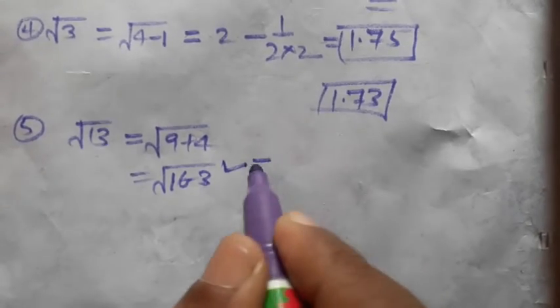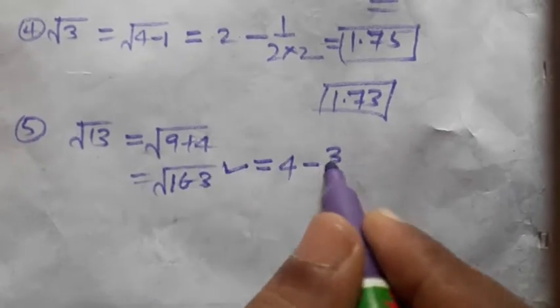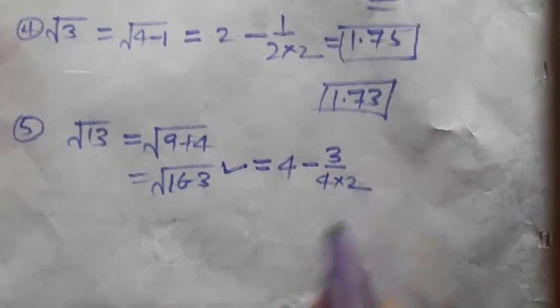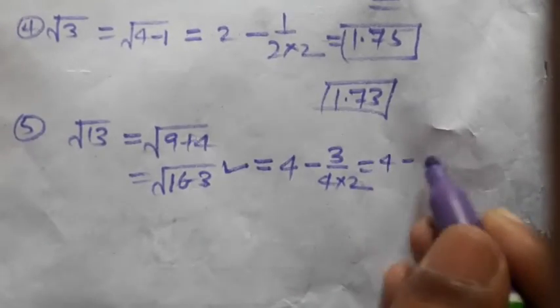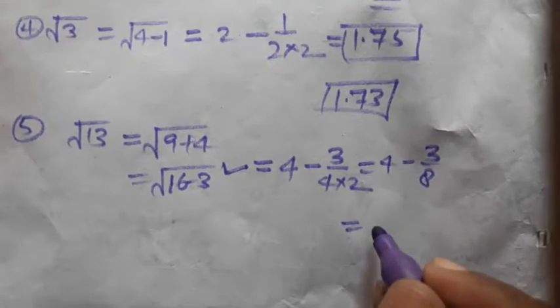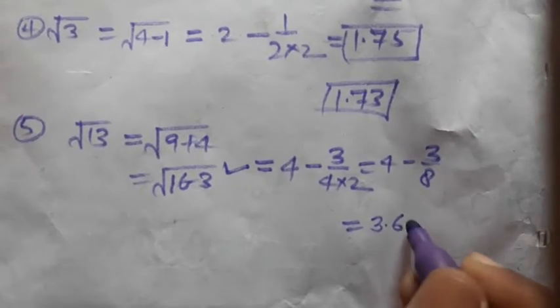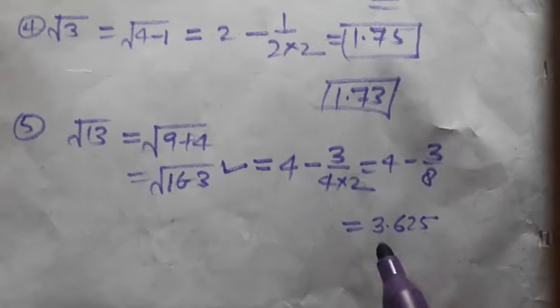We can answer it like this: 4 minus 3 upon 4 into 2, that is equal to 4 minus 3 upon 8, and finally we get the answer 3.625. This is the nearest value.